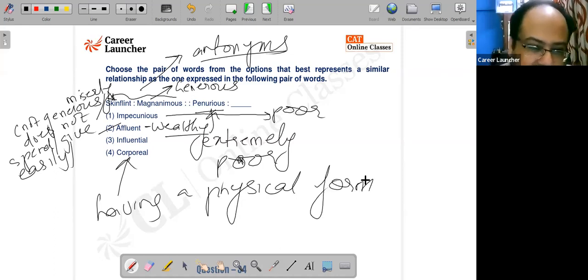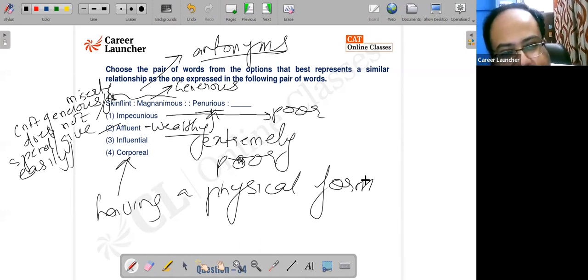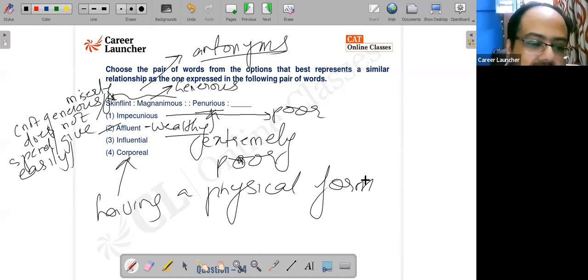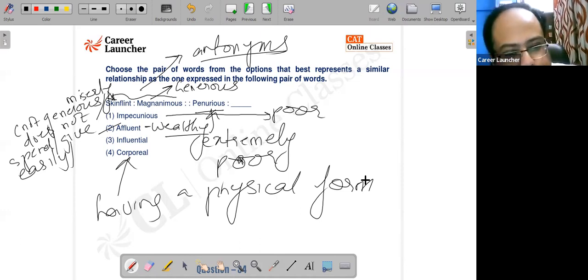Corporeal does not have to do with money, so it does not fit into the context. Influential again does not have to do with money. An influential person can be a rich person, even a poor person can be influential. So influential and corporeal have got nothing to do with money. Impecunious is poor, affluent is wealthy. So the answer is wealthy over here.